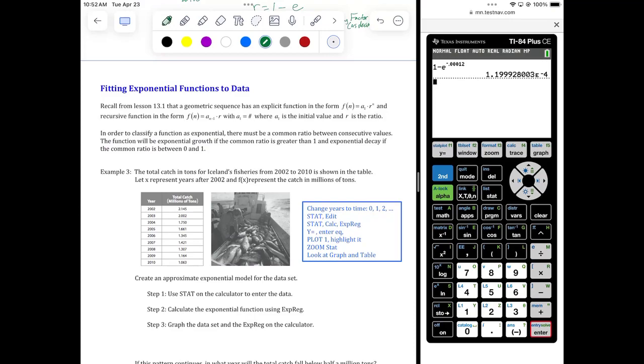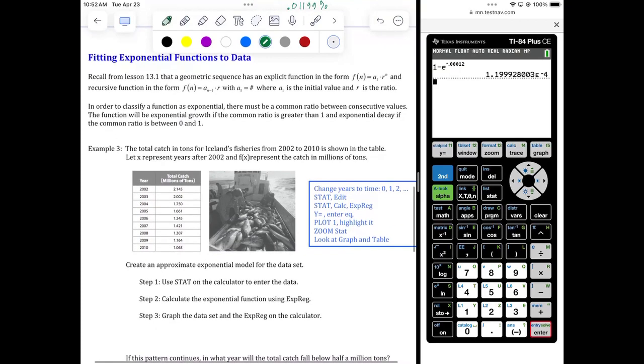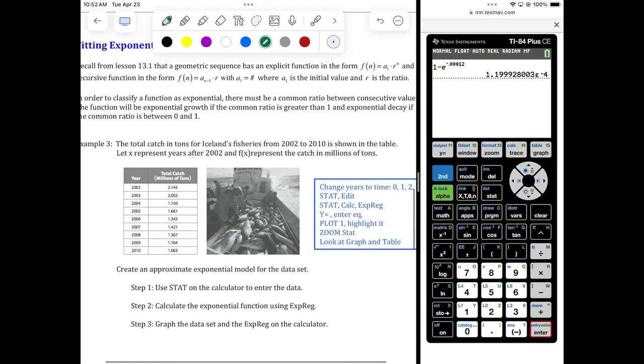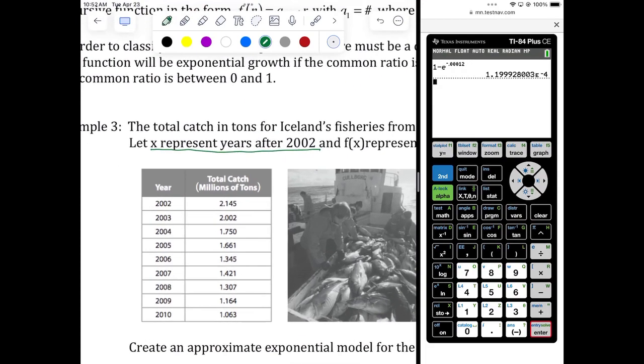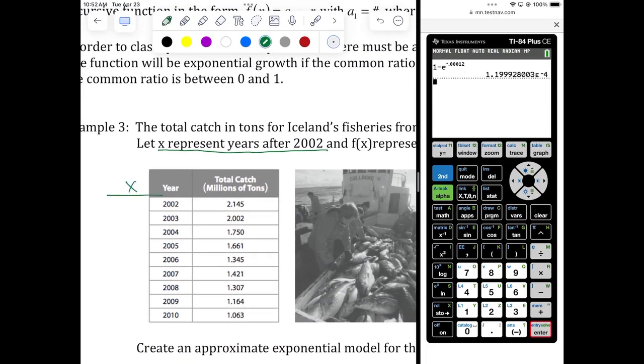Got it? Okay. So we're going to do exponential regression now, right? So the total catch in tons for Iceland's fisheries from 2002 to 2010 is shown in the table. Let X, oh, look at this. This is important. Let X represent the years after 2002. So if I make a new X column here, I'm going to let 0 be 2002.